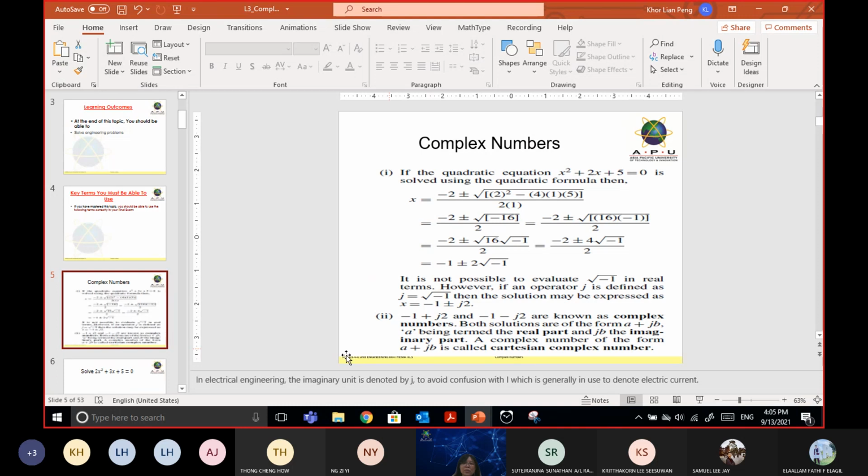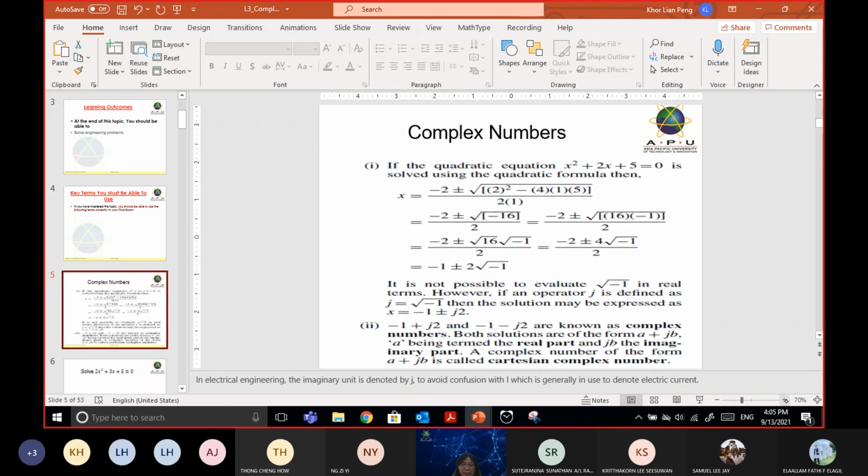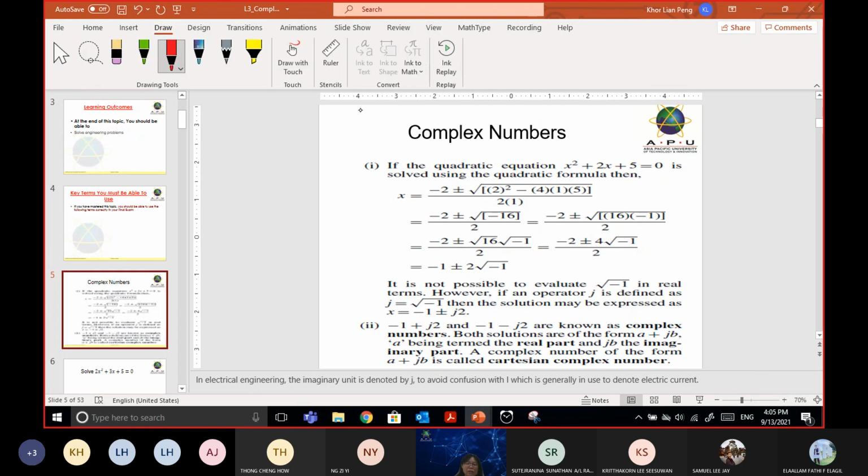Now let's look at complex numbers. What is meant by complex numbers? Complex numbers are in this form. It's very common that we use Z to represent a complex number.